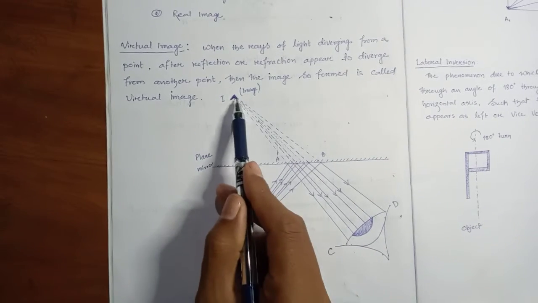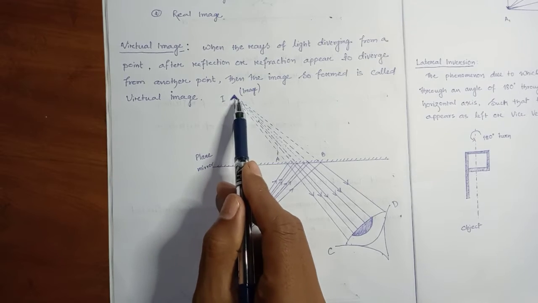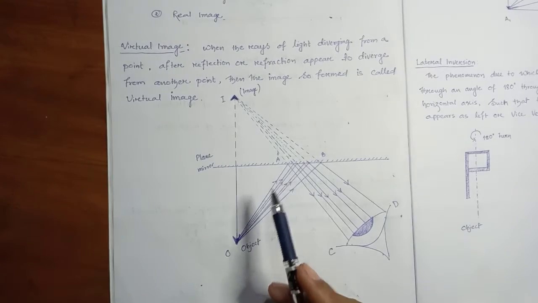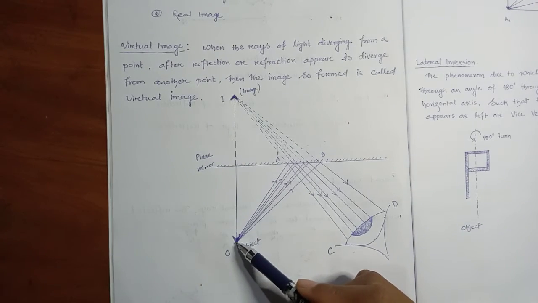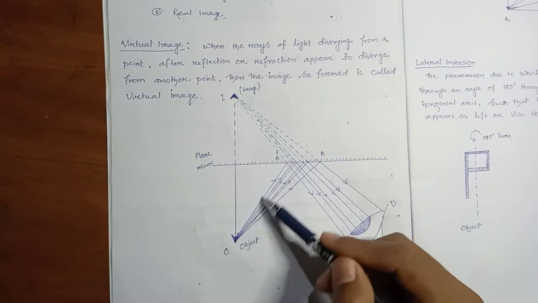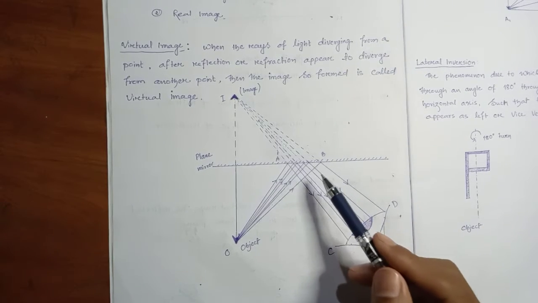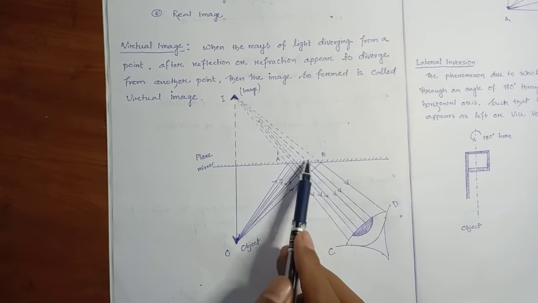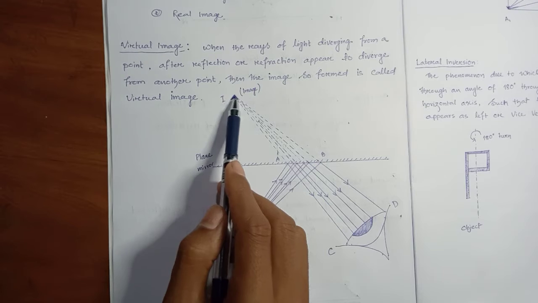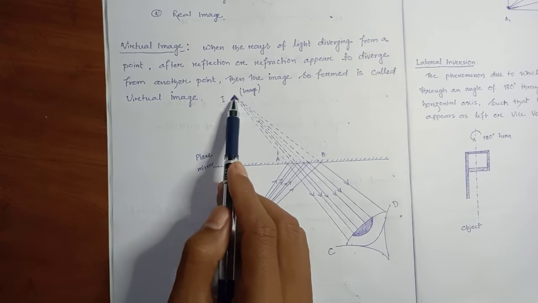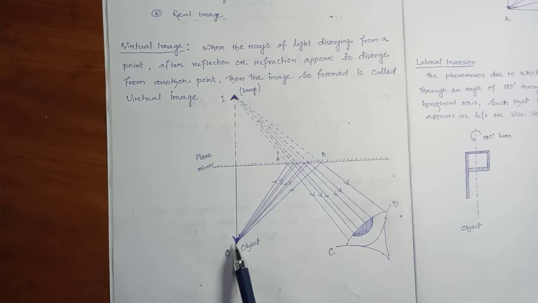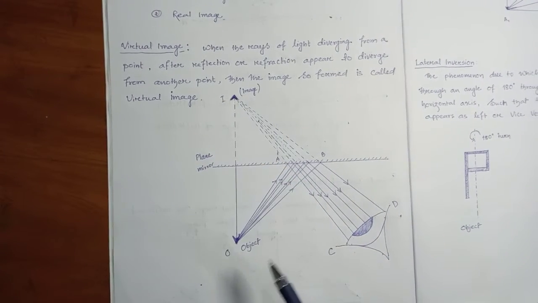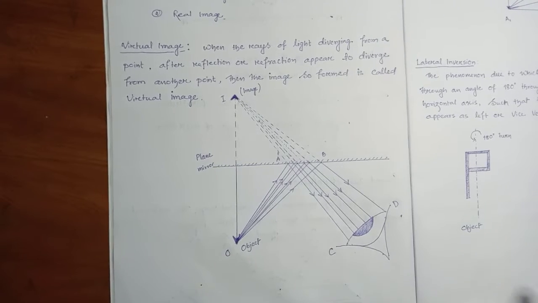You feel that the rays are diverging from this point I, but actually no. Actually the rays are diverging from point O. The incident rays are diverging from here, but after reflection they appear to meet at some other point. That point is the image of the object O. We represent the image as I and the object as O. So this is the partial image.